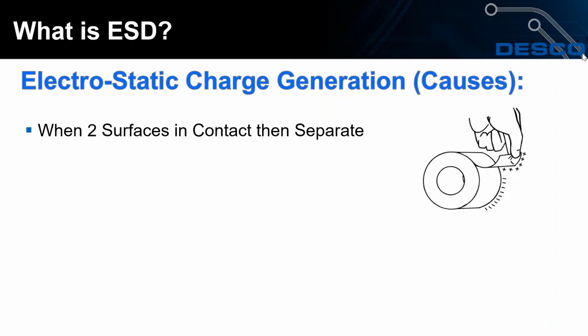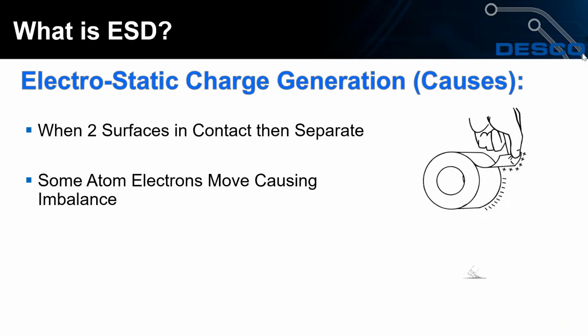So how is static generated? Static is generated by what we call triboelectric charging, or electrostatic charge generation. That happens when two surfaces come into contact and then separate. As an example, here on the right, this roll of Scotch tape. When I pull that piece of Scotch tape off, the two surfaces separate, some of the atoms' electrons move, and that causes an imbalance. Whether it's you lifting your foot off the carpet or pulling that piece of Scotch tape, those electrons are going to move.